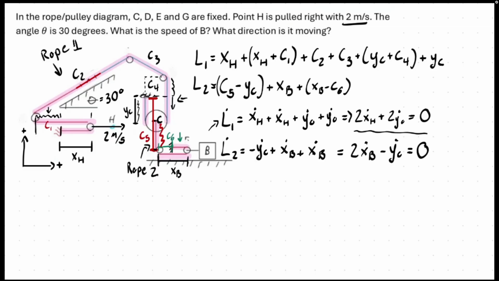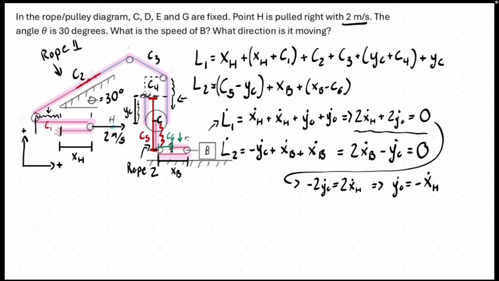If you notice, we have YC in both of these equations, so we can actually relate them. Let's solve both of these equations for YC. In the first equation, if we move YC to one side, we have negative 2YC dot equals 2XH dot. Dividing both sides by negative 2, YC dot equals negative XH dot.